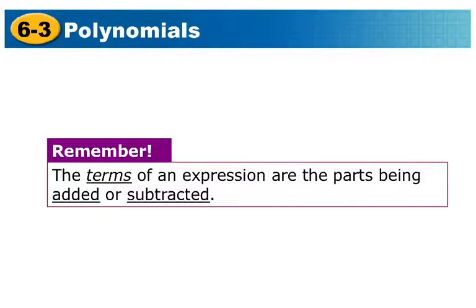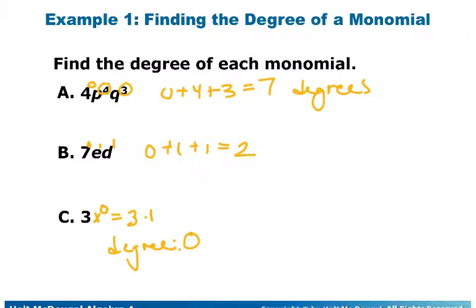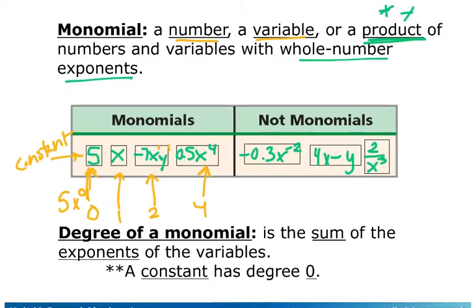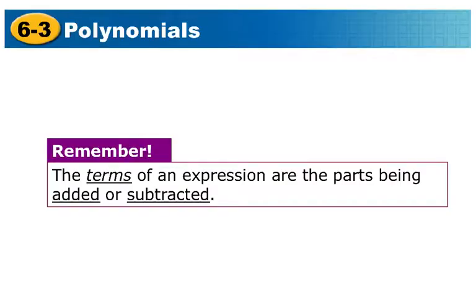Just to remind you, the terms of an expression are the parts being added or subtracted. I mentioned it a little earlier when I talked about this one, because this is a term and this is a term, which is why it's not a monomial anymore. This one's actually a binomial, because it's got two terms, or pieces, separated by addition or subtraction.